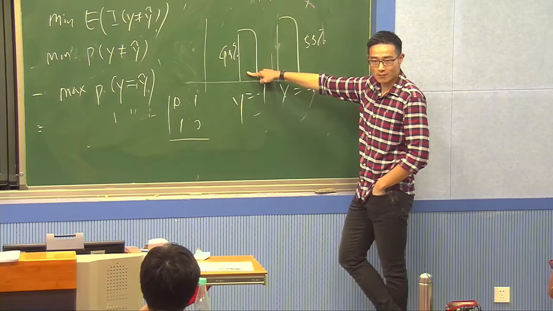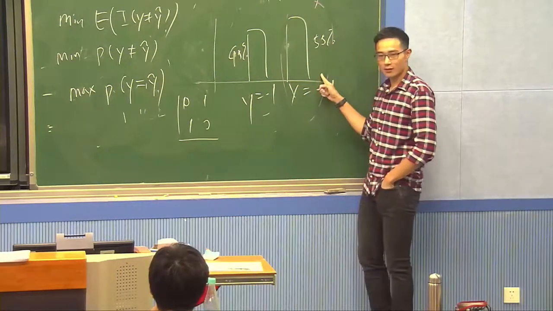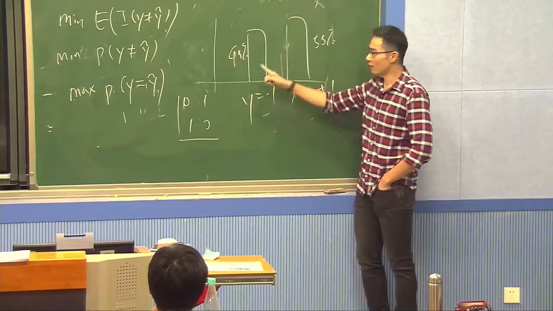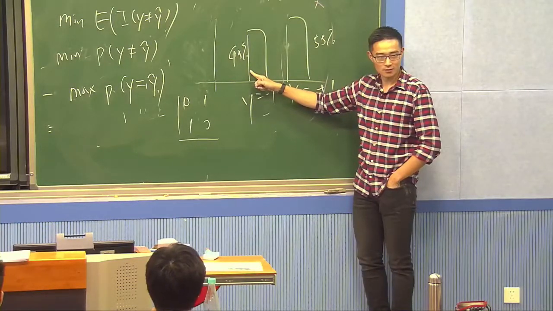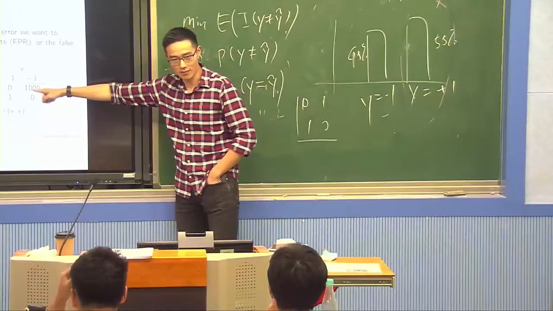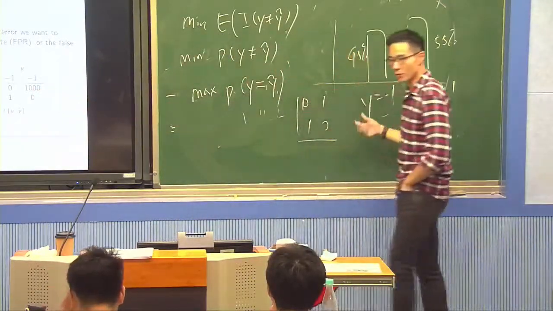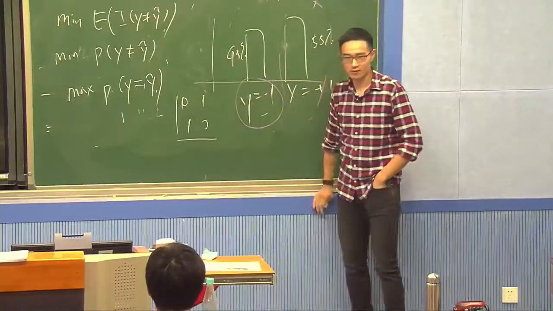You will never get any false positive, right? Because you predict to be -1. Now, if I predict to be +1, then I have 45% probability of making a false positive. And this is going to cost me very dearly because this is going to be 1,000 loss, right? So, which one should I predict? I should predict this. Okay.